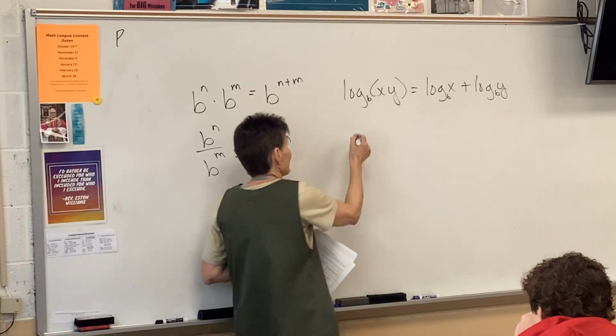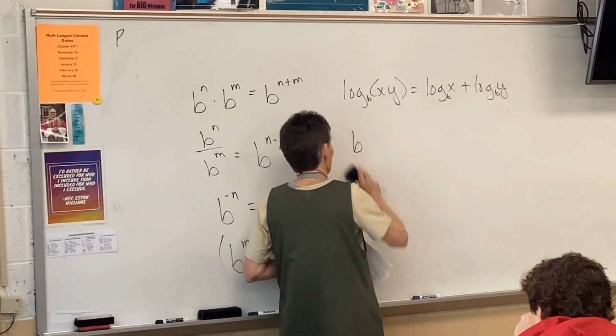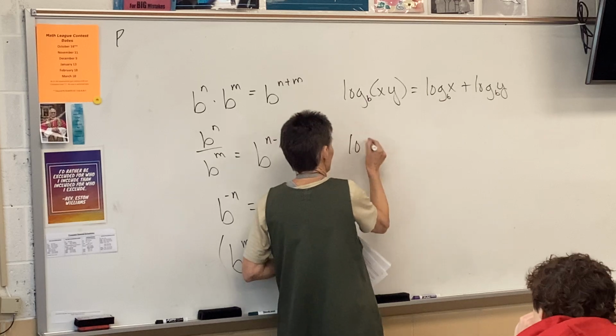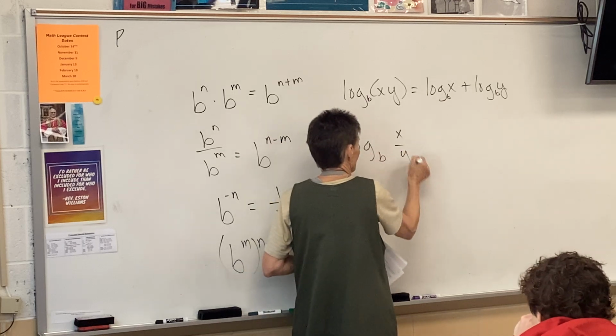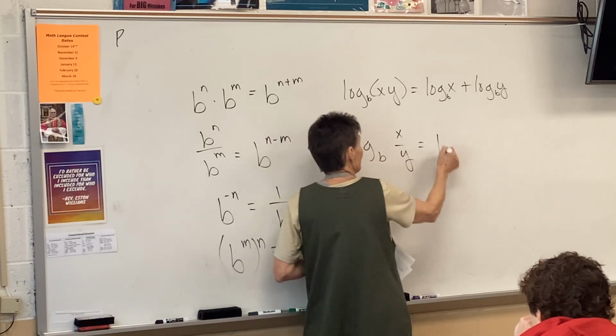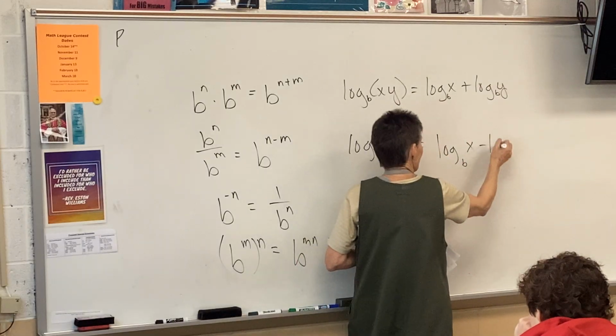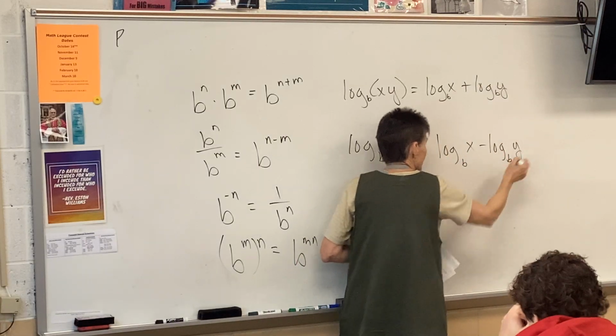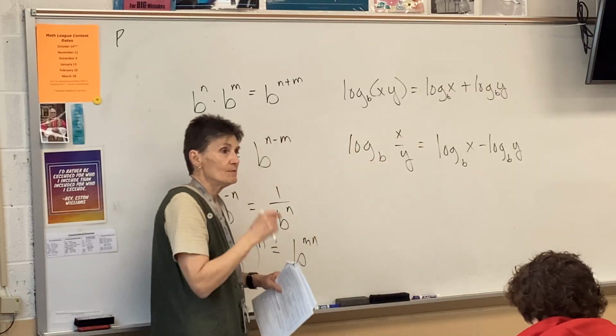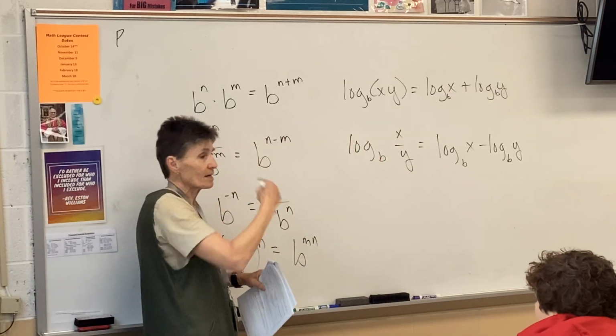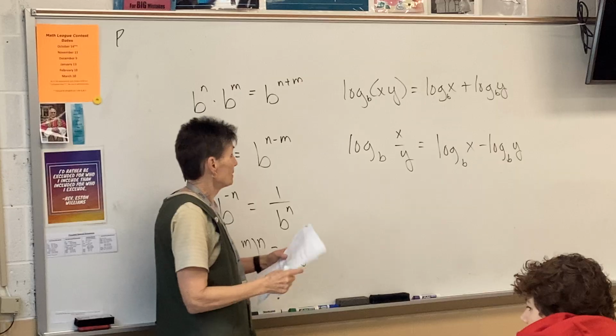All right, how about for a quotient? Then that would be the log of the numerator minus the log of the denominator, right? These properties mimic the exponent properties.